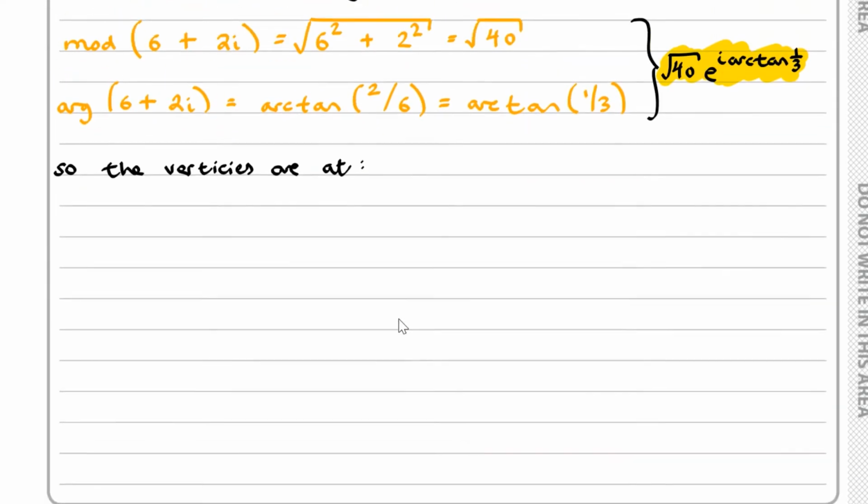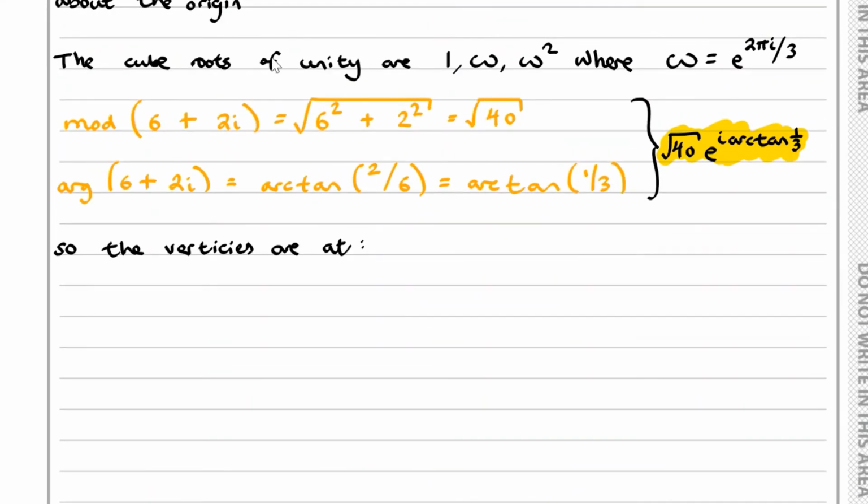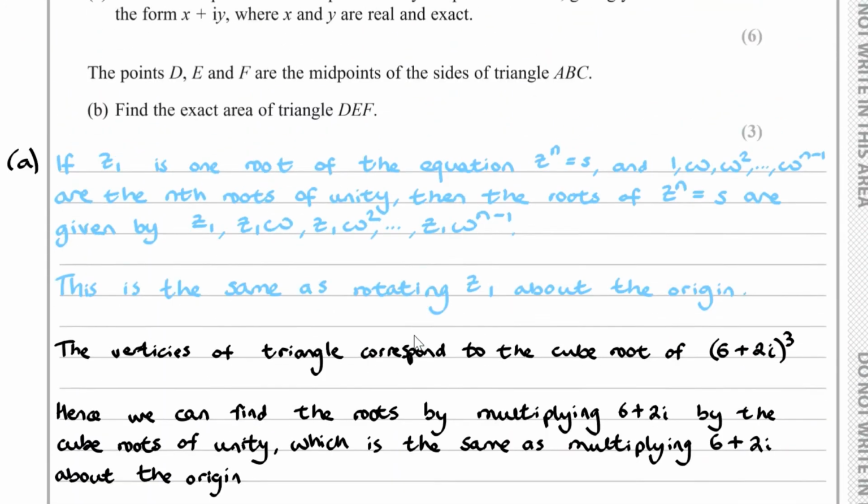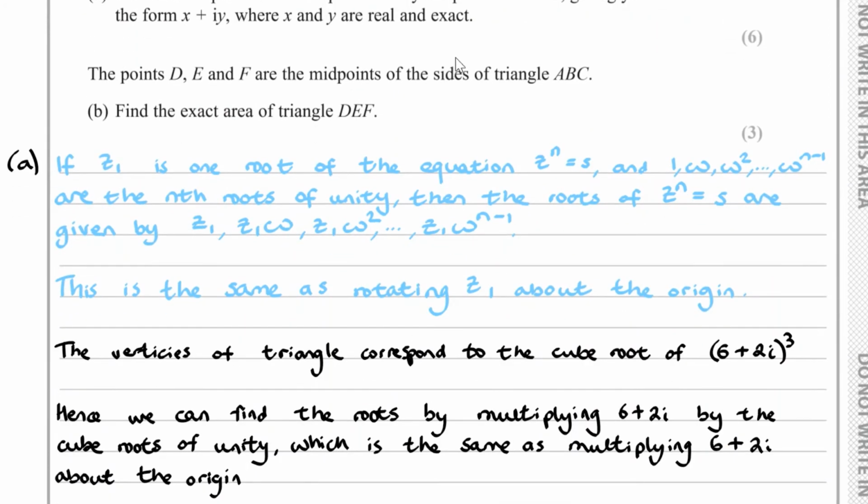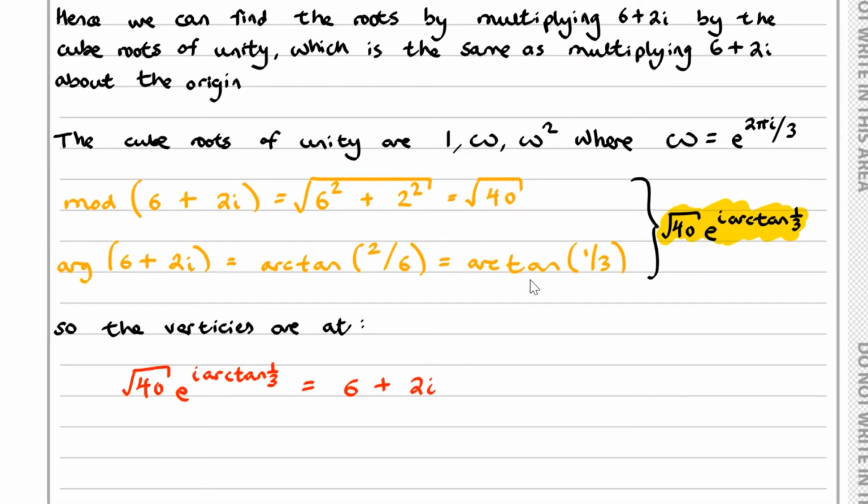So we've got one vertex, which we'll do in red, at root 40 e to the power of i times the arctan of 1/3, which is 6 plus 2i. We already know that. Now for B and C, that's a bit more complicated.